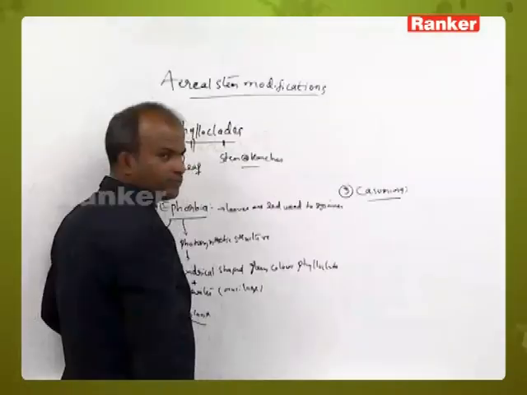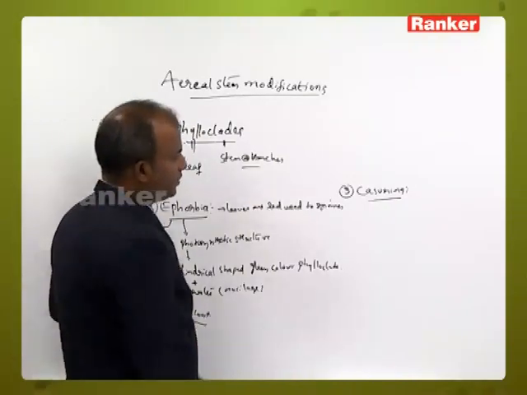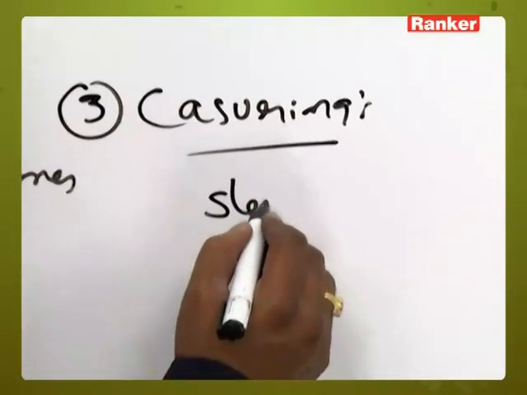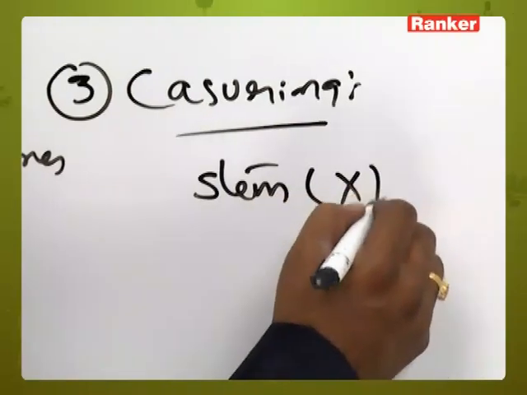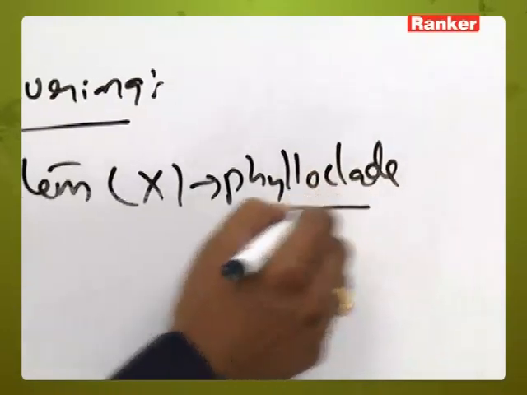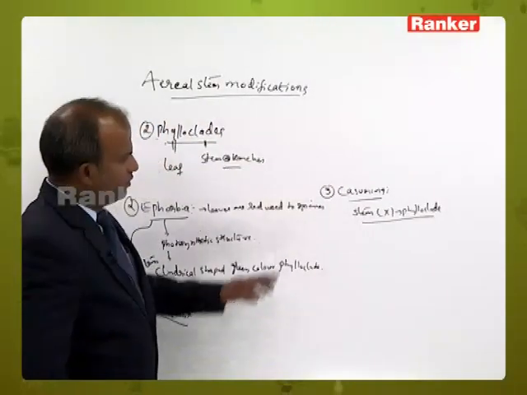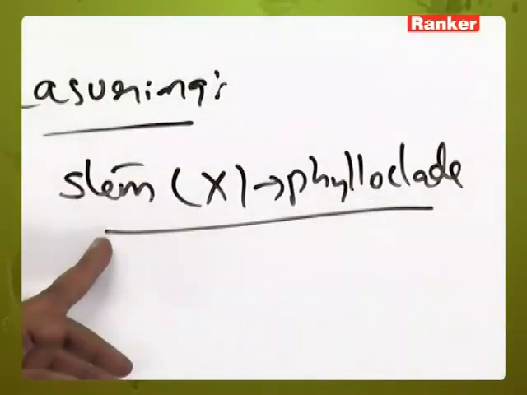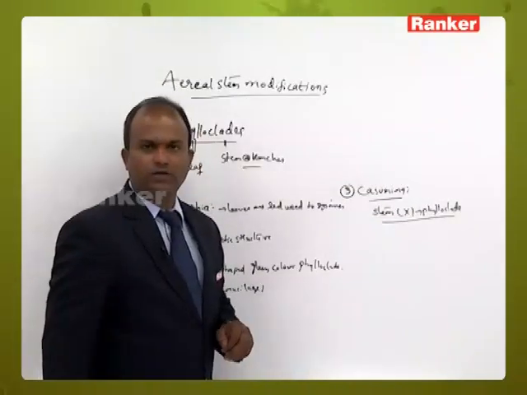In casuarina, is the stem modified into phylloclade? No, the stem is not modified into phylloclade.